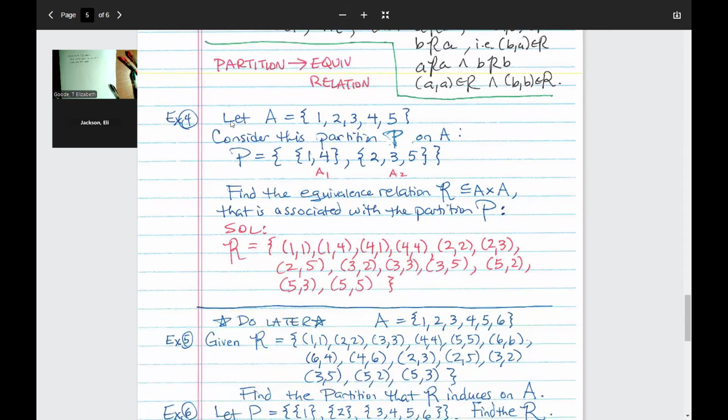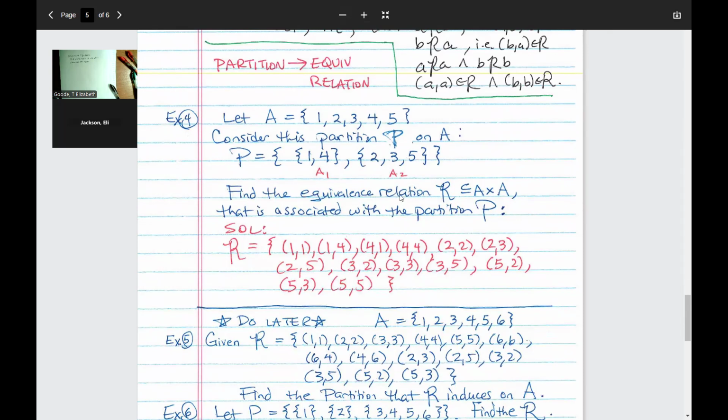So here we go. In example 4, I made A a little smaller. It's just got 5 elements. Here's a partition on A. The first set has 1 and 4 in it, so they're related to each other. The second set has 2 and 3 and 5 in it. They're all related to each other.